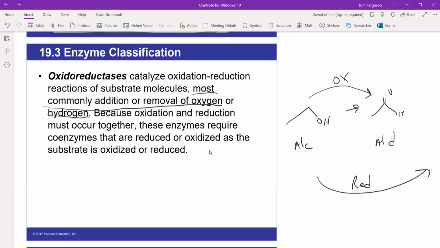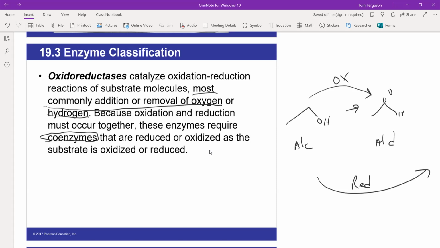That's what they mean by a coenzyme. That's going to be what's either oxidized or reduced if your substrate is being oxidized or reduced. So in this case, the alcohol is being oxidized. See, we're losing a hydrogen off of that oxygen there. So what's going to be reduced?